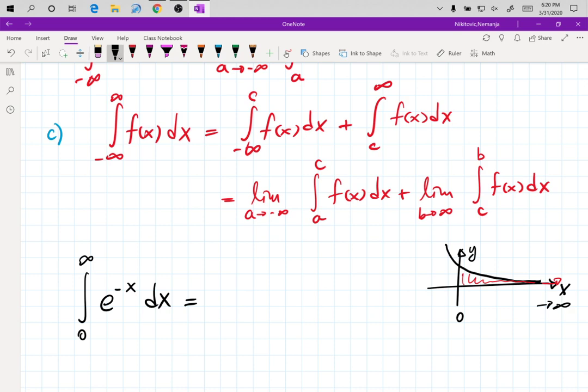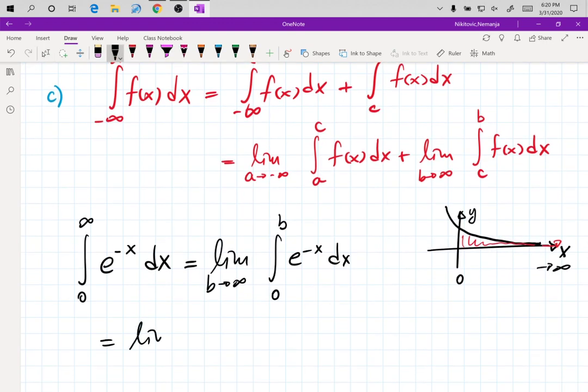So we have a limit, and we are sending, right, the top limit is b, so we're sending b to infinity in this limit. You had a positive infinity in the upper limit, and you just have your e to the negative x dx.